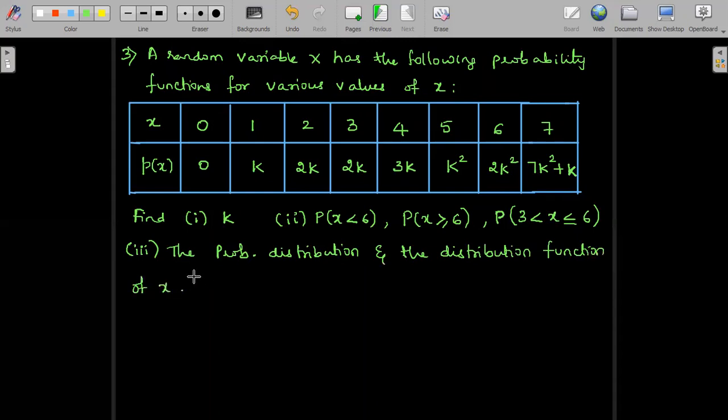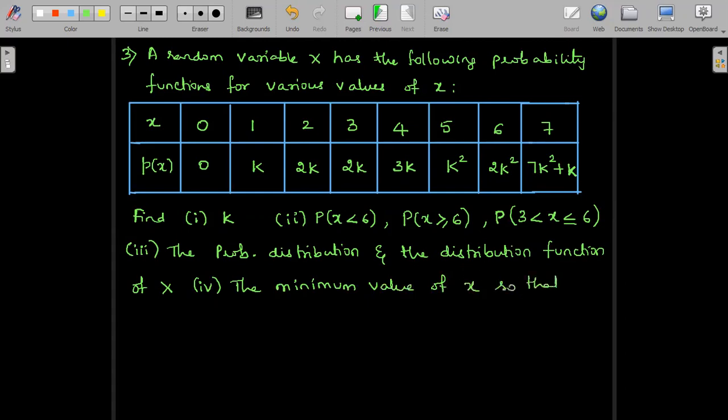And the last part of the problem is to find the minimum value of x so that a condition is given for us.